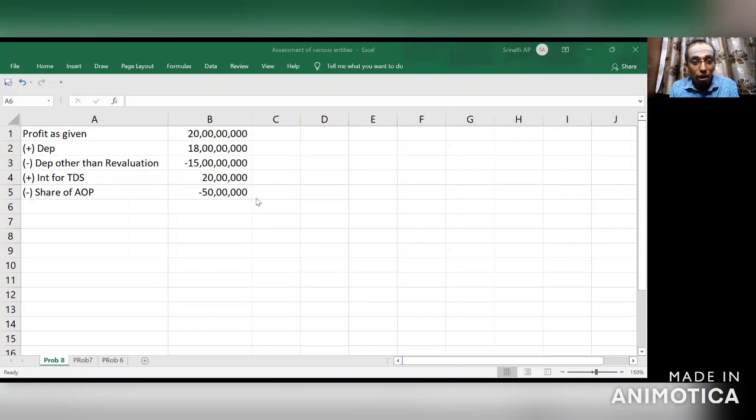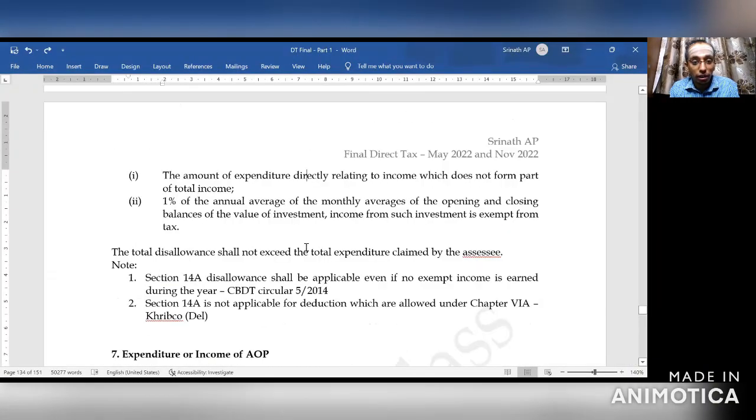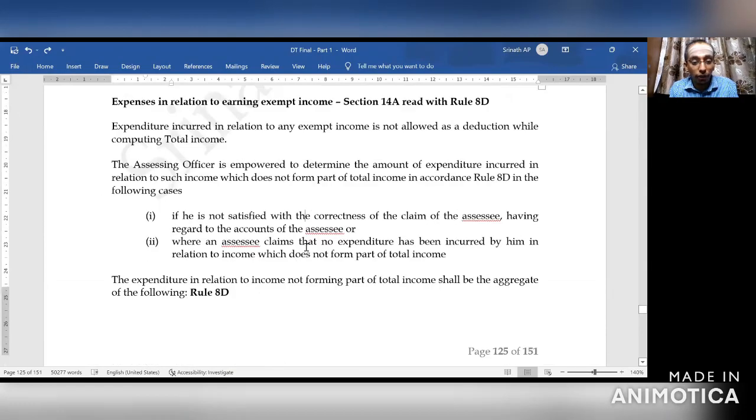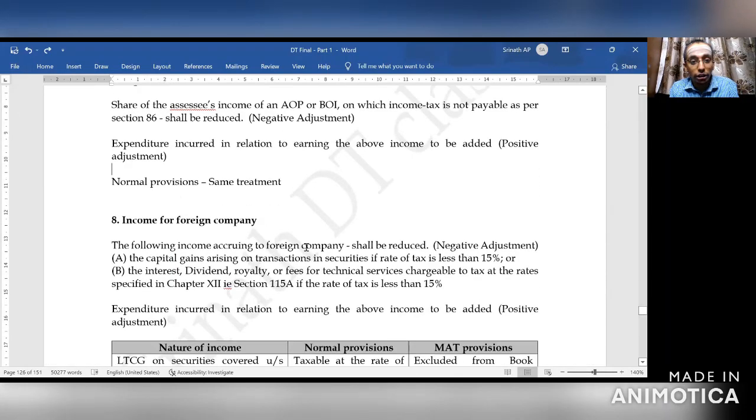Sir, if AOP does not pay tax, then how is it considered? We will see that in the assessment of AOP. We have a separate discussion on the assessment of AOP. Share of assessee's income of an AOP on which tax is not payable as per section 86.